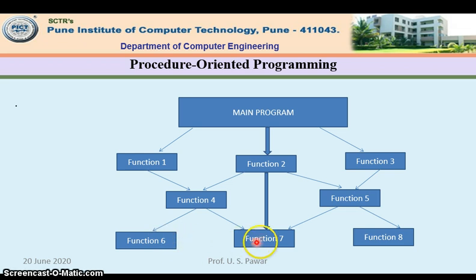There is no interface between 6 and 7, which indicates that I cannot use function 6 in 7 or any of the other functions. So this diagram shows the structure of any simple procedure oriented program.